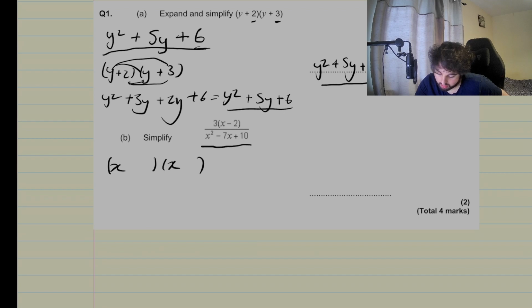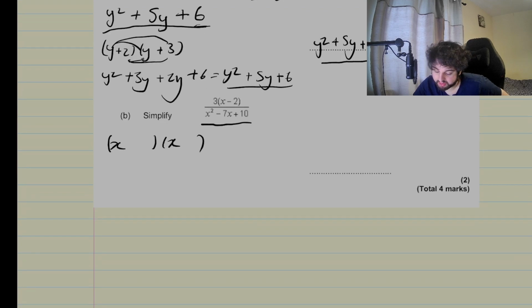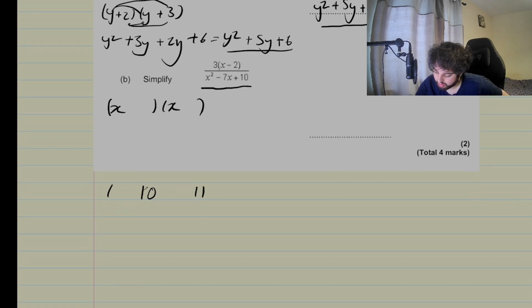So let's think of a few numbers that when you multiply them, you get 10. You got 1 and 10, so 1 times 10 is 10, but when you add 1 and 10 together it is 11, so it can't be 1 and 10. Another one you can do is 2 and 5. But when you add this together, you get a plus 7, not a negative 7, as you can see in the statement in the question.